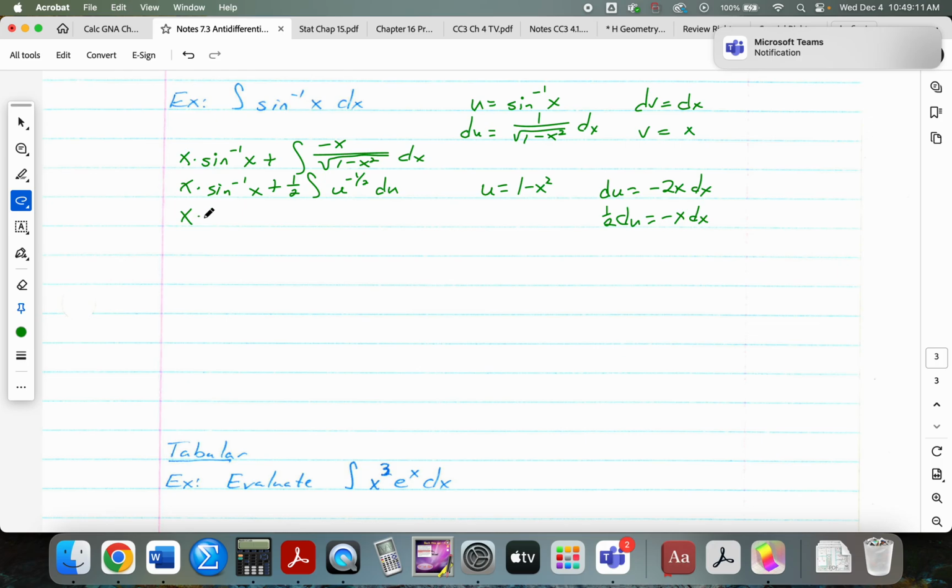So that's x sine inverse of x plus 1/2 times, I add 1 to the power, so that'll be u to the 1/2 times the reciprocal of the power, which is 2, plus a constant. Those happily cancel each other out. And we get x sine inverse of x plus the square root of 1 minus x squared plus a constant.